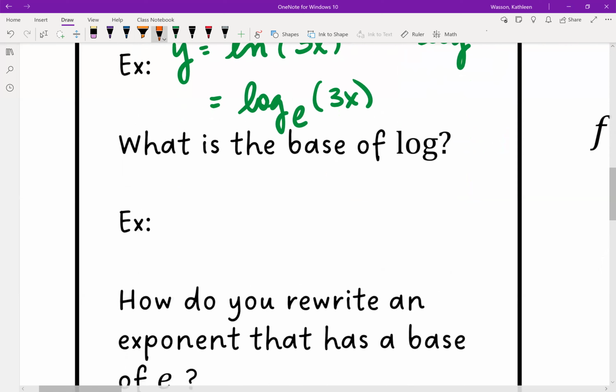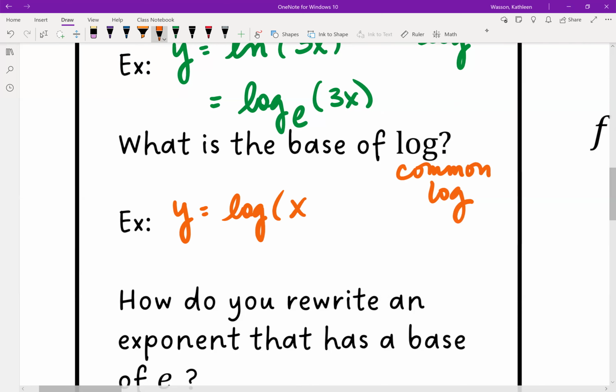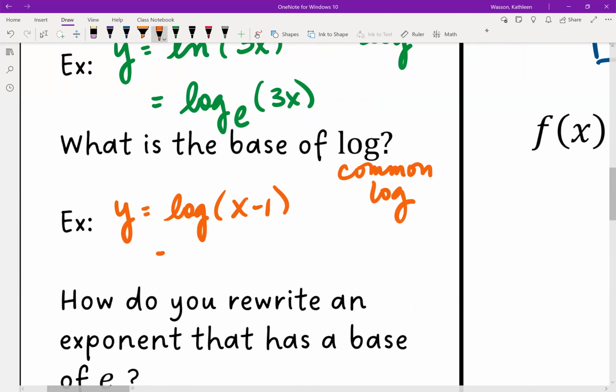Alternatively, when we're looking for the base of a log, this log, log, is a common log. This is base 10. So when I have y equals log x minus 1 or whatever it is, this means log with a base of 10 when this is blank right here.